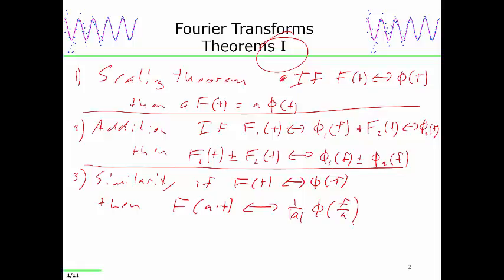Am I writing too fast? Just a little. Then I better move on. I only have one more. The power theorem. You have to say it that way too. It's a requirement.